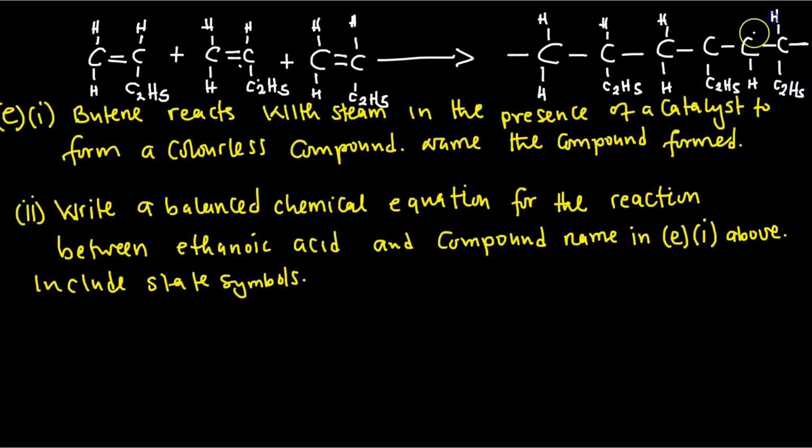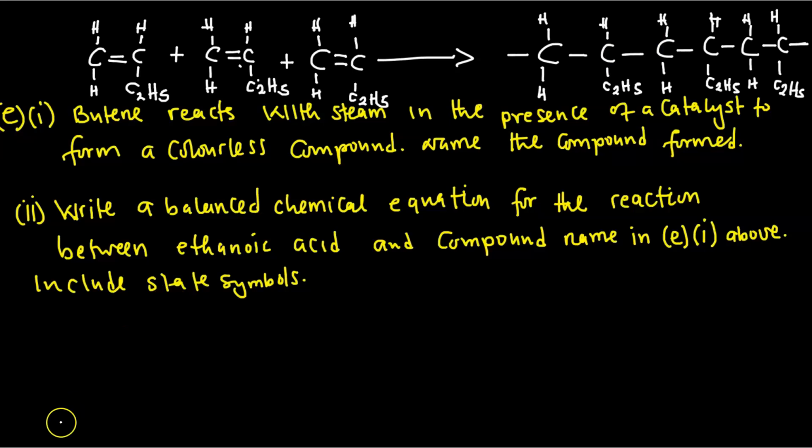On top here hydrogen, hydrogen, hydrogen. So right here is the polymer of the but-1-ene showing 3 repeating units.